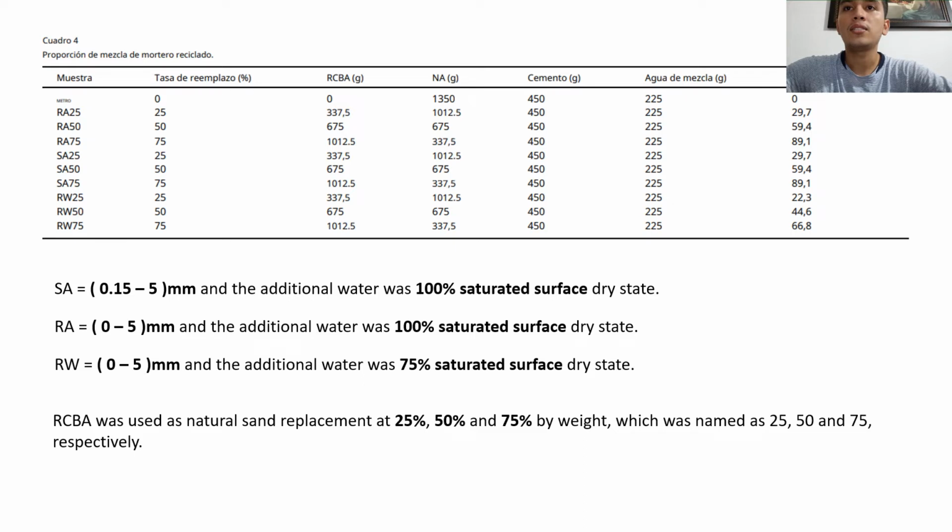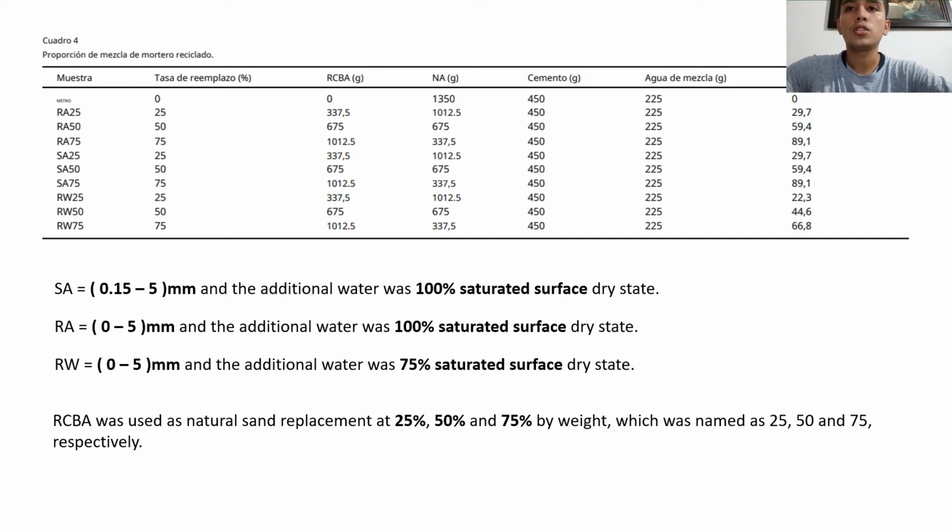RA contains a particle size of 0 to 5 millimeters, and the additional water was 100% saturated surface dry state. RW contains a particle size of 0 to 5 millimeters, and the additional water was 75% saturated surface dry state.